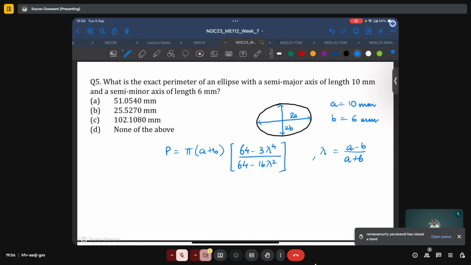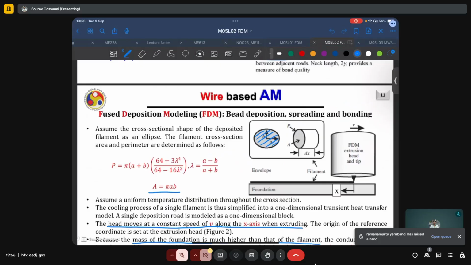And thus, if we are not careful, what we'll do is just plug in the values of A and B into this formula and start solving for the perimeter. And whatever number we get, we'll write it. However, the thing to be careful about is that the formula given here is not an exact formula, it's an approximation.